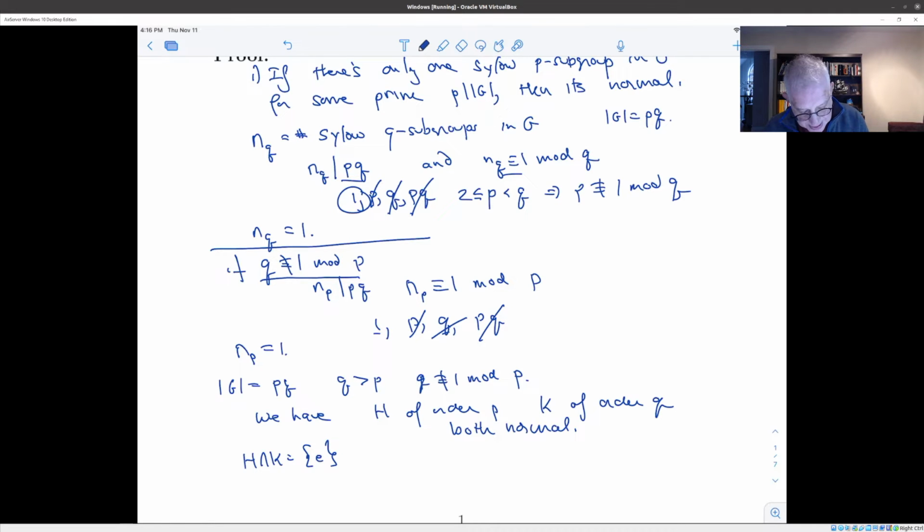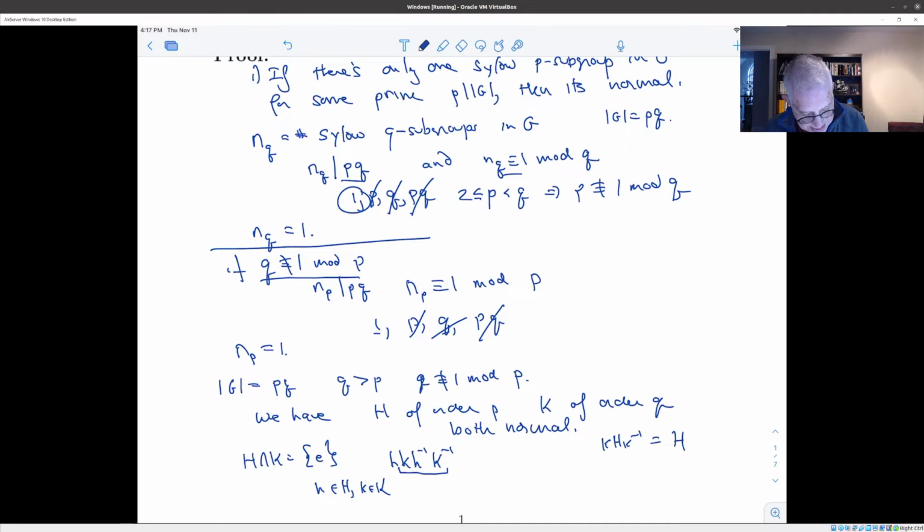because let's look at h k h inverse k inverse, where h is in H and k is in K. On the one hand, k h inverse k inverse is in H, because when you conjugate H, you get H back since it's normal.